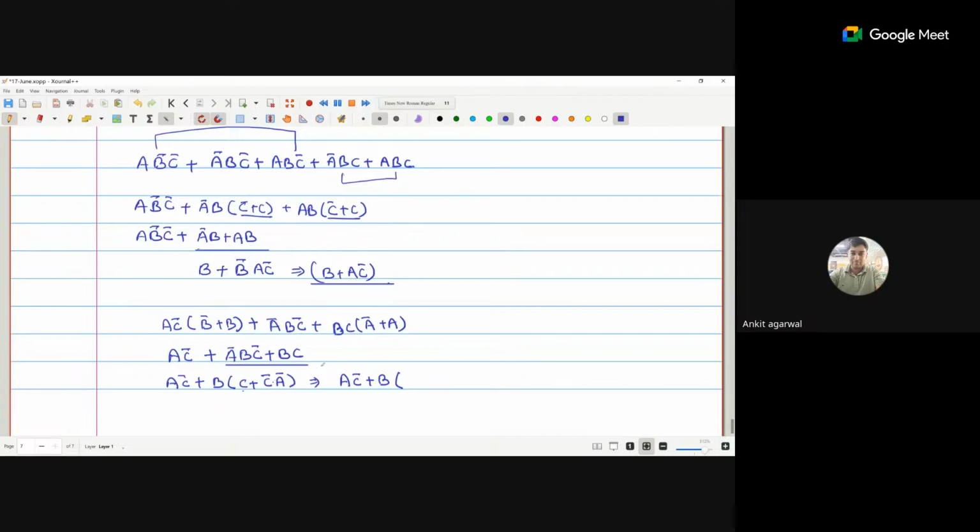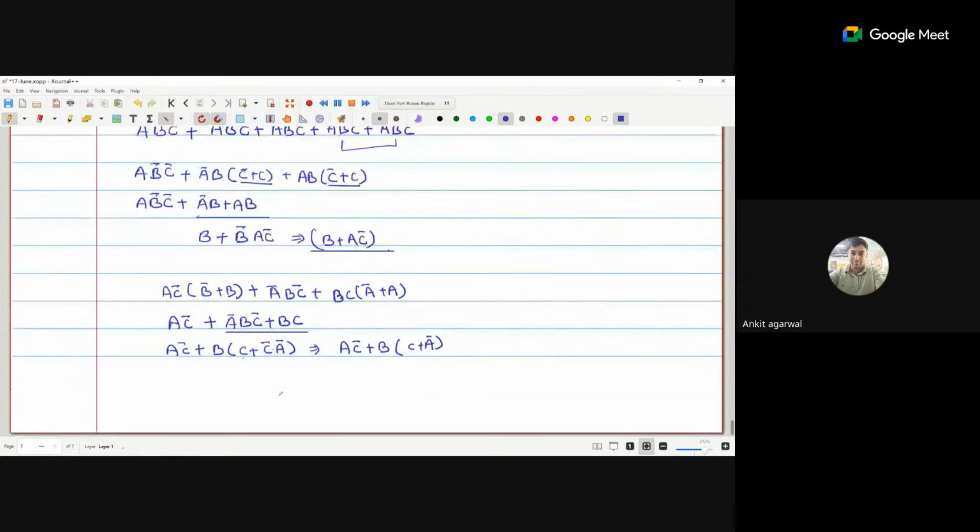Now C plus C bar is 1, remaining is C plus A bar. So A C bar plus BC plus A bar B. Okay, so this is also the answer.